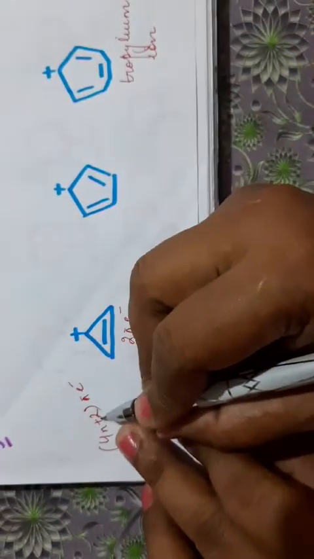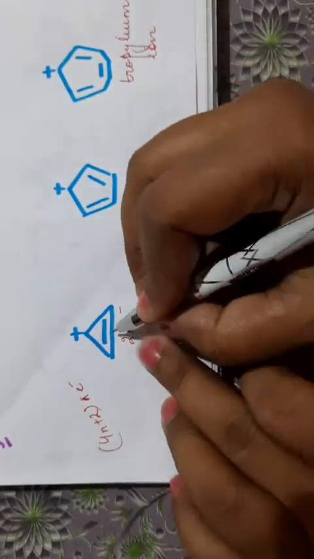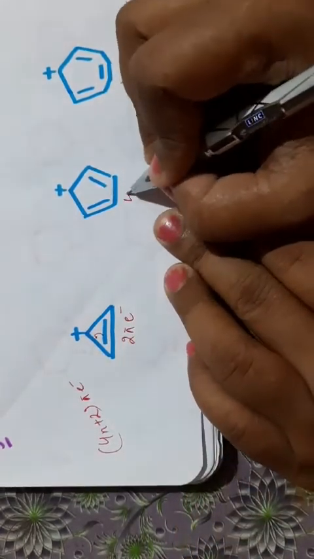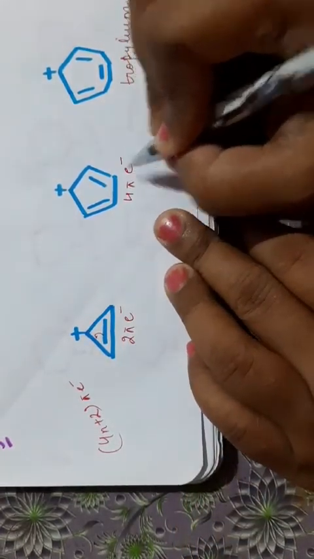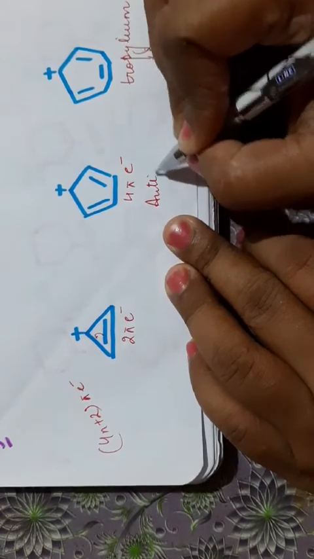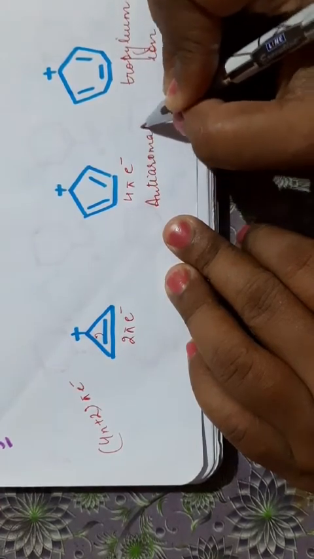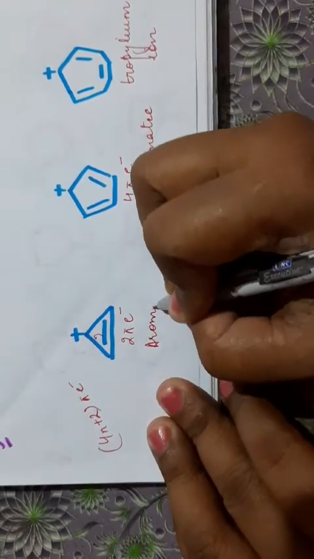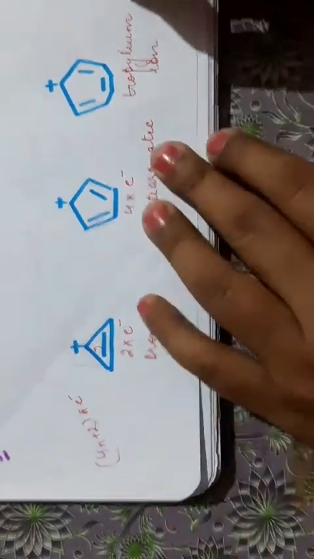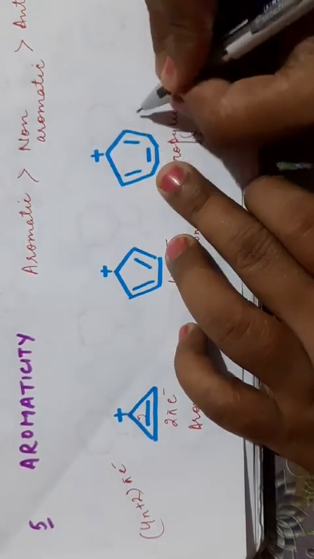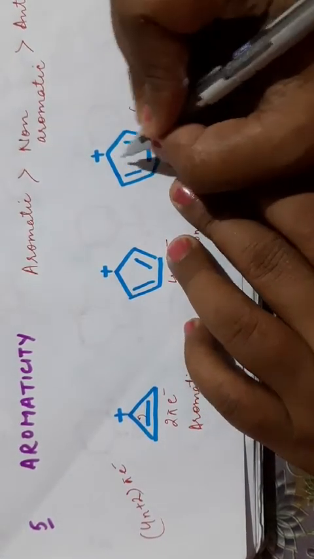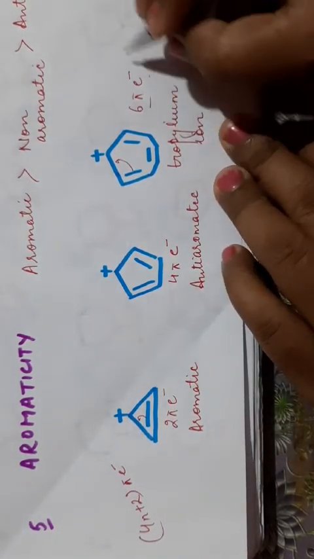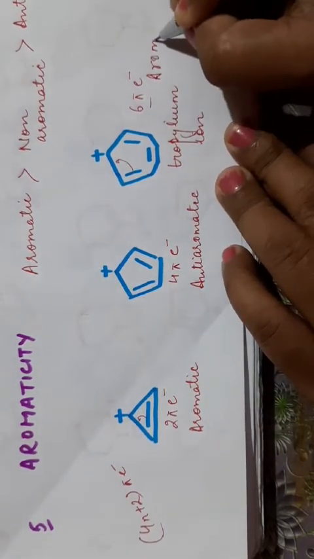If you put n as 0, you will get 2 pi electrons, means it is aromatic, and there is a conjugation also. Here 4 pi electrons are there, it is anti-aromatic. This is aromatic. And here there are 2 plus 2 plus 2, that is 6 pi electrons, and conjugation is there. Clear? So it has 6 pi electrons, it is also aromatic.